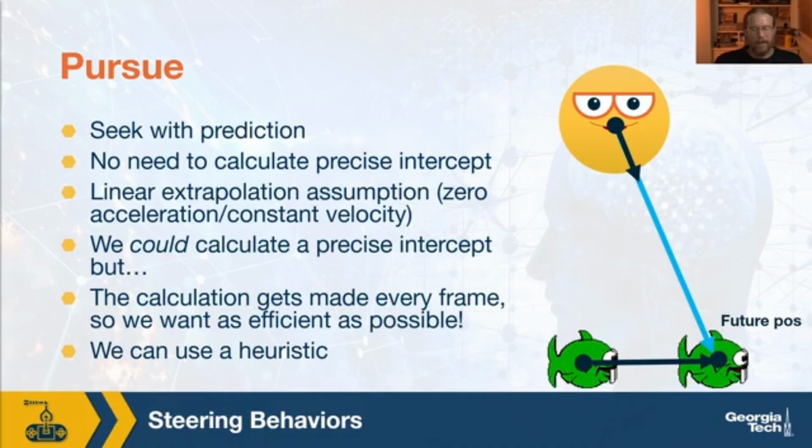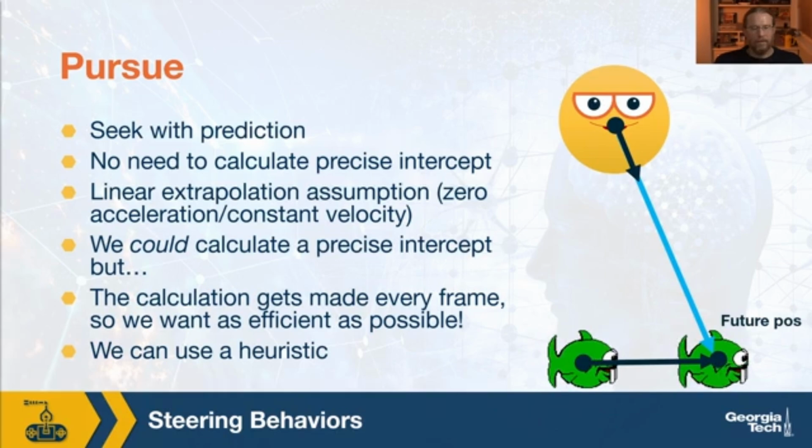And so the way that we could implement this is to calculate, first, based on a zero acceleration or constant velocity assumption. So we're extrapolating our target's position according to its current velocity. No acceleration means no changing of direction or course that it is heading on.